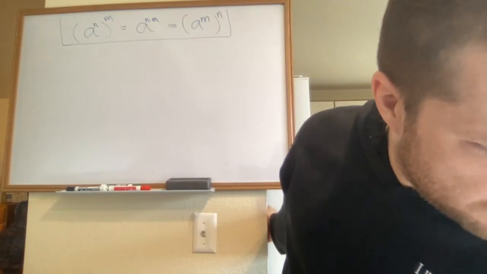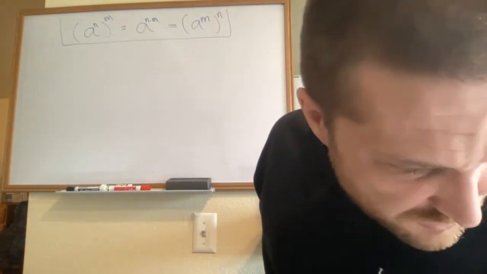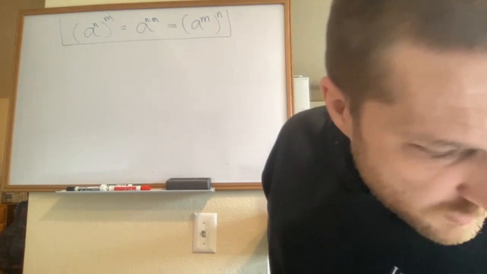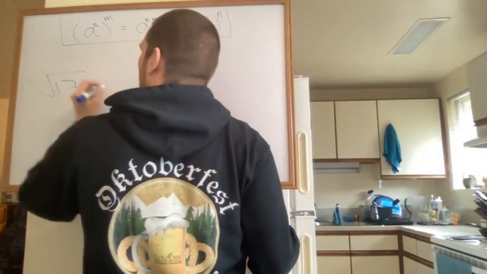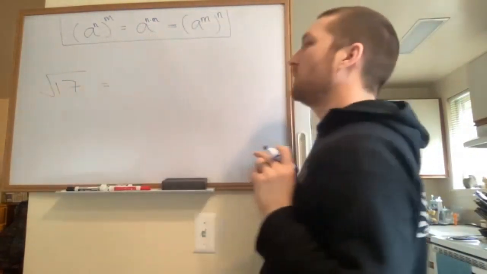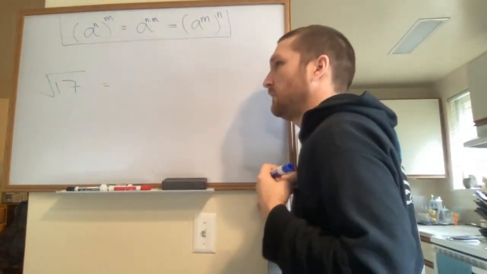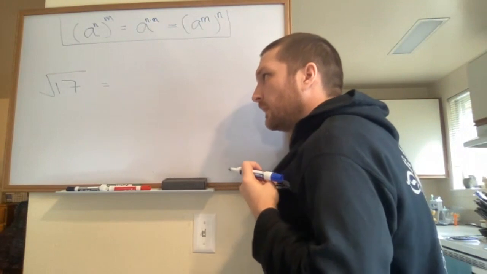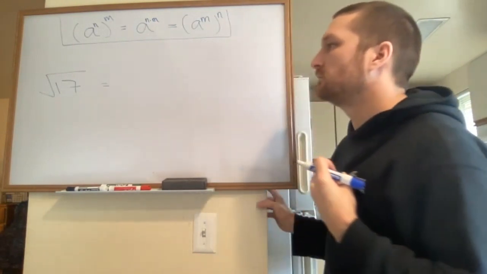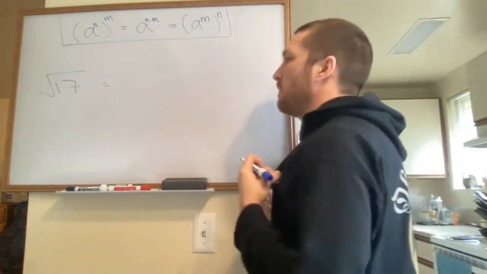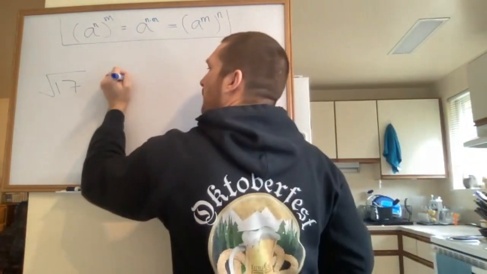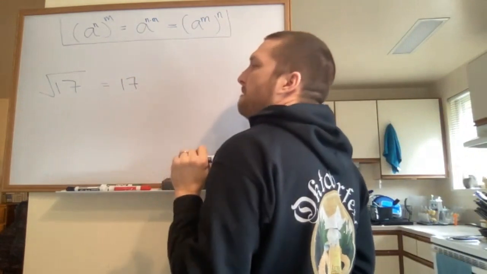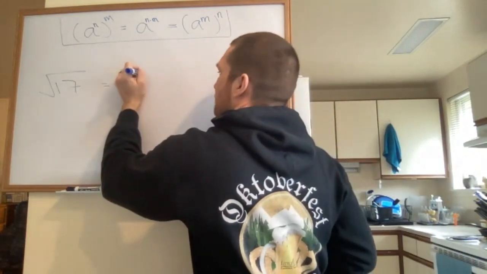So we want to now go in the opposite direction and we want to write things with rational exponents. So how do I write this as a rational exponent? 17 to the 1/2 power or whatever thing.